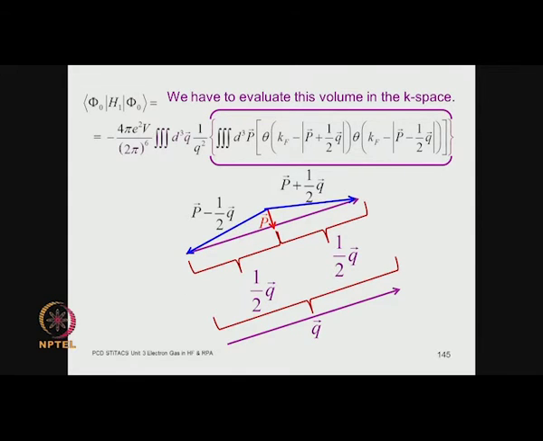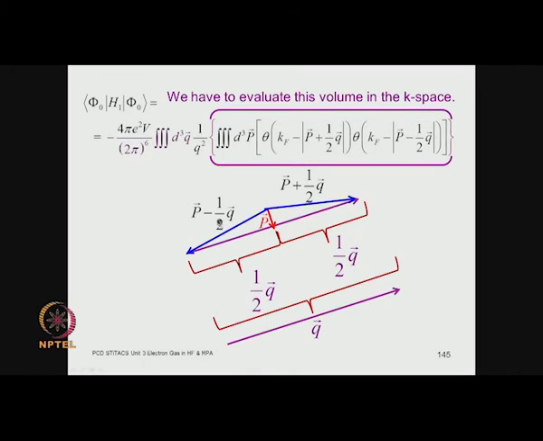See how this transformation of vectors enables us to recognize the volume element that we have to find. What is the total volume which goes into this integral? That's all the question is. Now, this is a very nice trick, and by carrying out this transformation you find that this is the geometry that we have to work with.